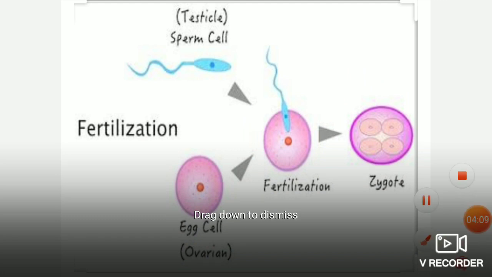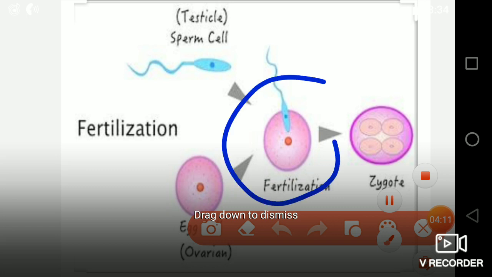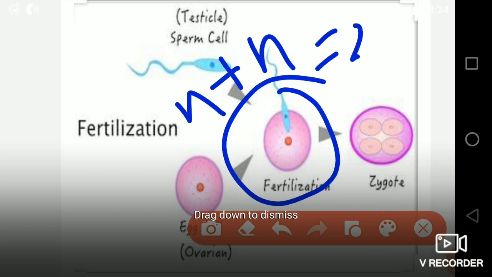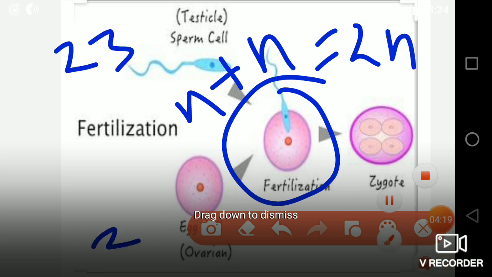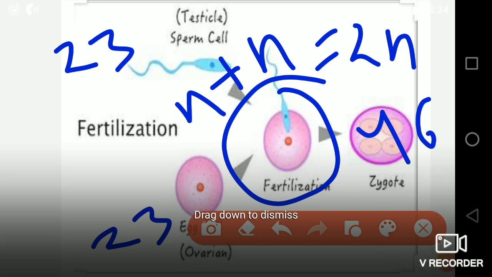So when they do the fertilization, what happens? It becomes n plus n, and this equals 2n. So in case of humans, 23 chromosomes become 46 chromosomes.